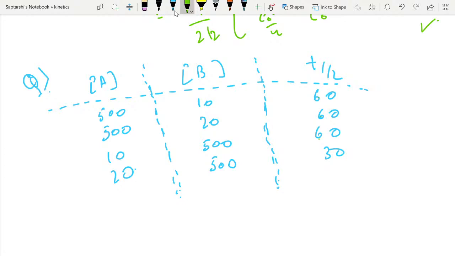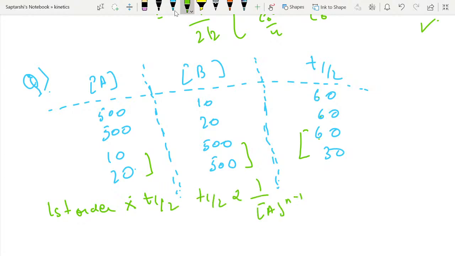In this portion time, t half, is changing, but B is not changing while A is changing. We know that first order has no relation with t half. Why? Because t half is proportional to 1 by C0 to the power n minus 1. So 1 minus 1 is 0, so it has no relation with t half. So we see that t half is changing but B is not changing, so this has no relation. So for B, we can just say it's first order by this.